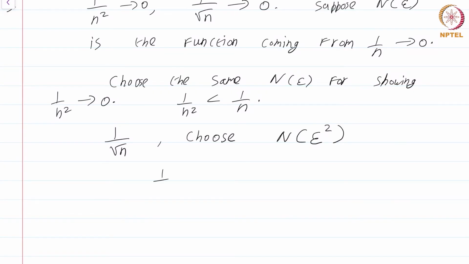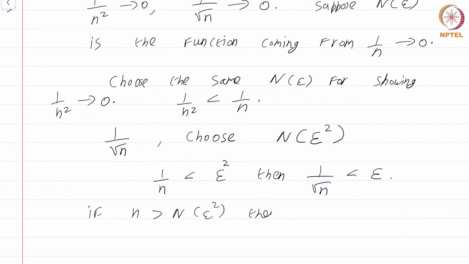So if small n is greater than n of epsilon squared, then 1 by n is less than epsilon squared, and therefore 1 by square root of n is less than epsilon, right? So this quickly dispenses off 1 by square root of n also.